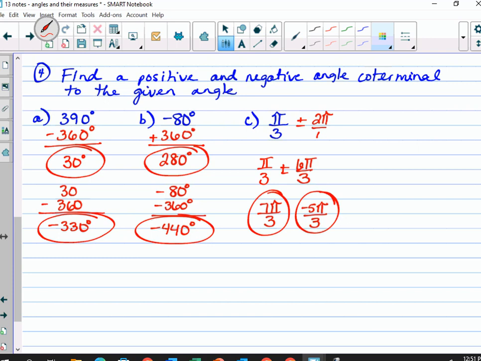It's all set up for you there. Anybody questions on that one? Let's try one more. Negative 2 pi over 5. Try that. Positive and negative.